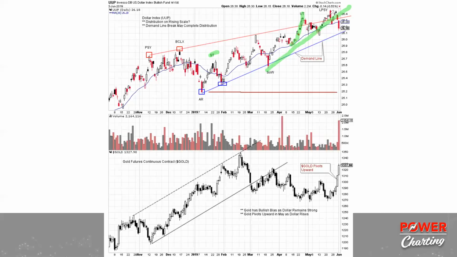And so here we have a last point of supply, a test which occurs right here, and now notice something that's happening. Look at the reaction that has occurred off of this test of the last point of supply. And that test has been accompanied by large amounts of volume, which is evidence.